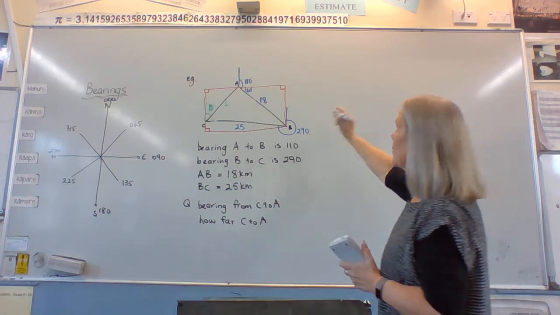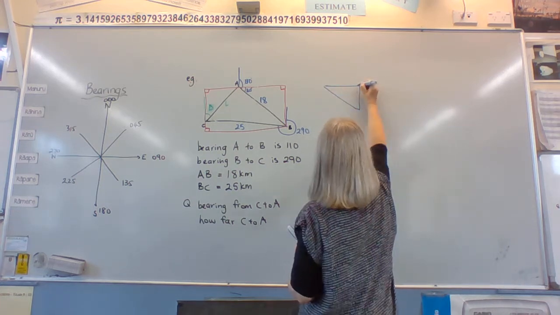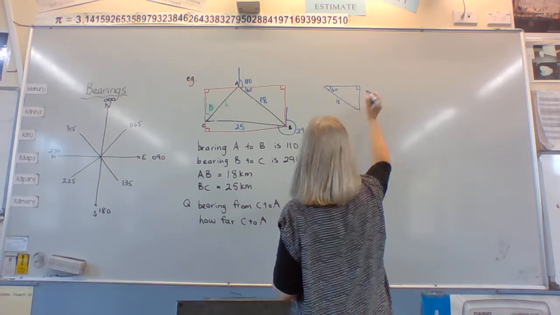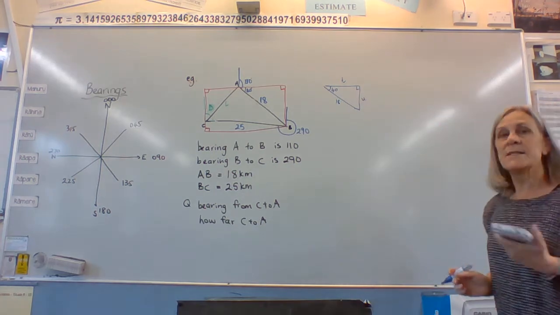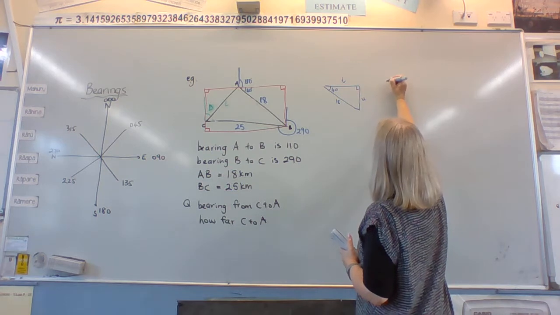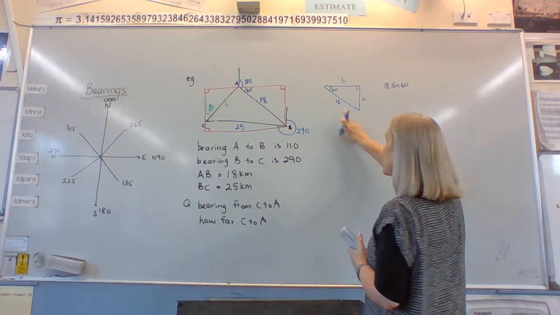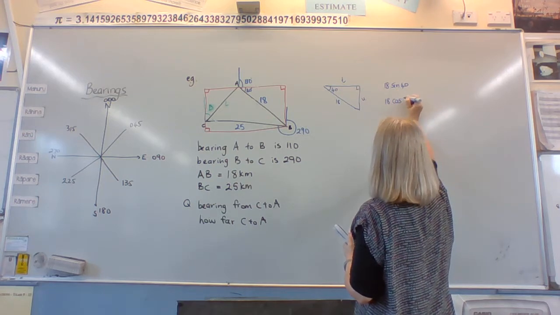So I've now got a triangle that looks like this: 40 and 18. I want this length and this length. I'm just going to use trig. This one is opposite, so it's 18 sin 40. And this one is adjacent, so it's 18 cos 40.